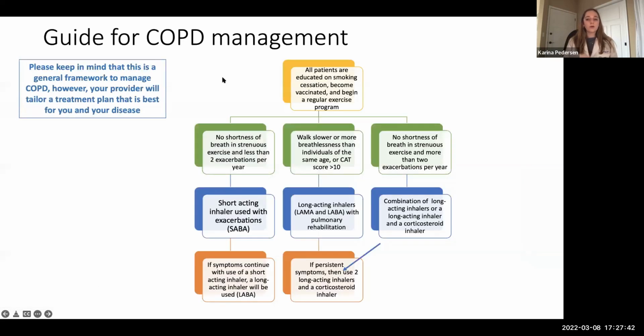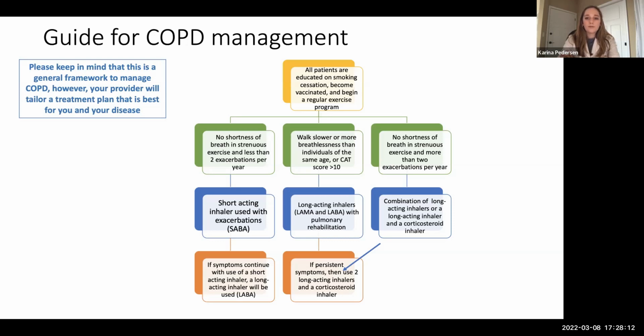So here's a general guide for COPD management. Keep in mind that based on your personal symptoms and your disease, your physician will most likely prescribe something different. This is just a general framework that we like to look at when we're talking about diagnosis of COPD. In the yellow at the top, it says that all patients are educated on smoking cessation, become vaccinated, and begin a regular exercise program upon their first diagnosis of COPD.